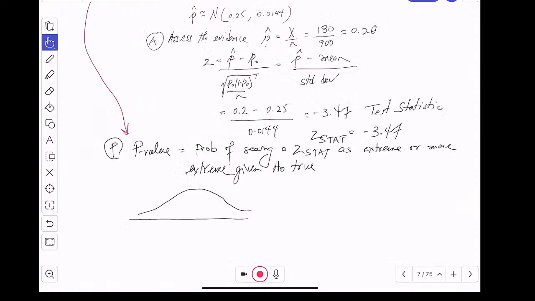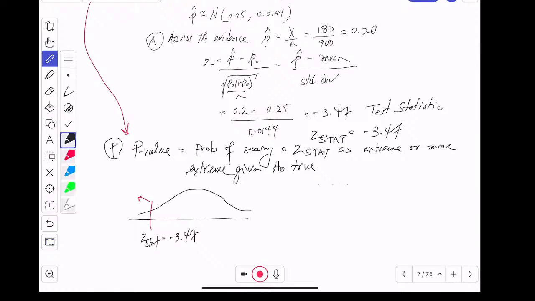I'm talking about extreme. I'm talking about being over here on the left side. Extreme in the left sense from the z-stat. What's that probability? What's the chance of being out here?